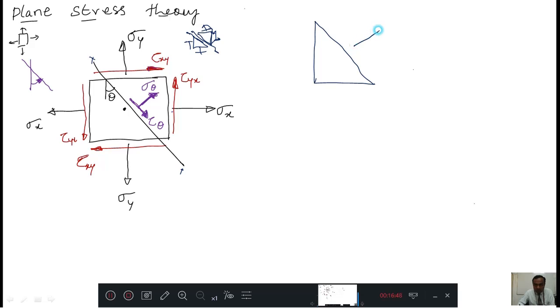But here, I assumed it as sigma theta, and some shear stress will be acting on this broken plane, that is tau theta.